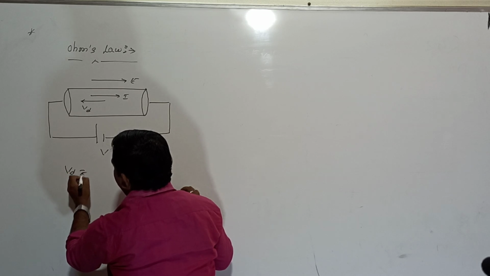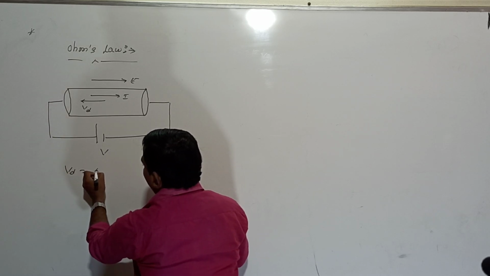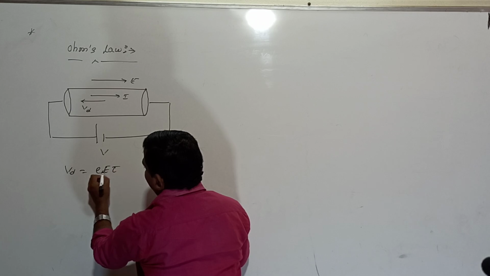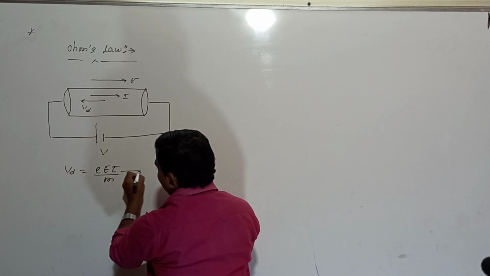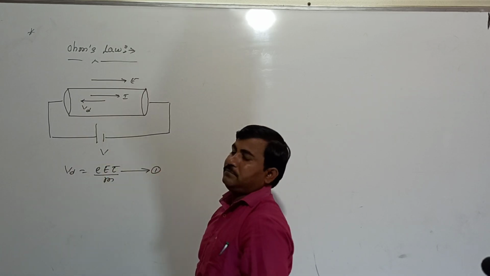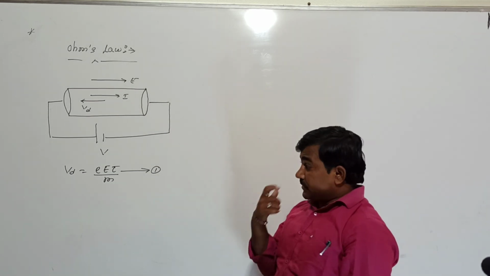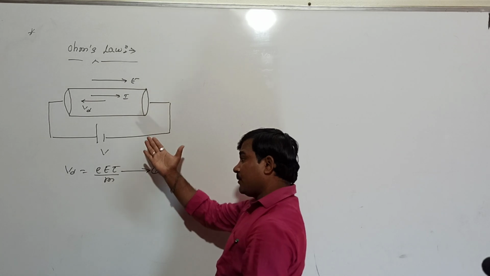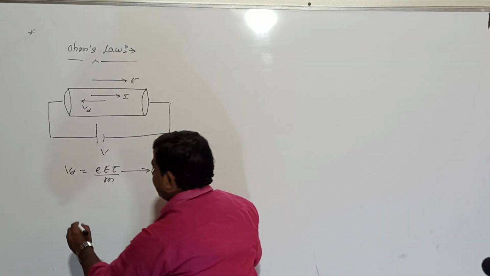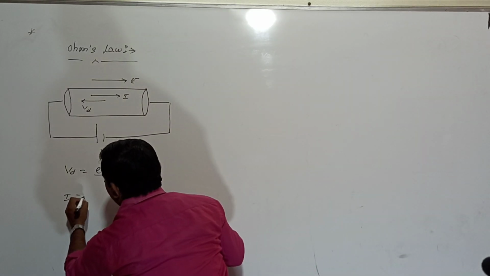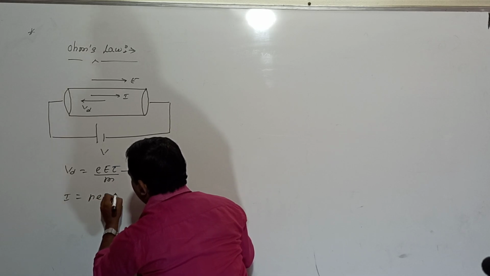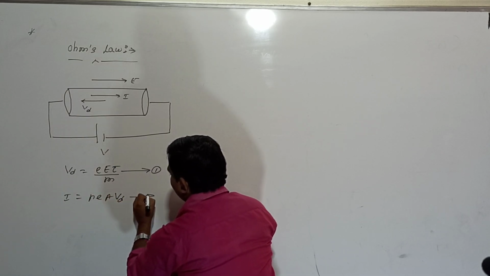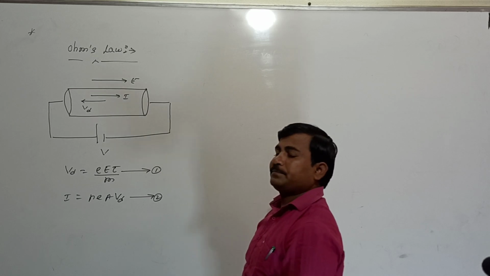What is it? Vd equal to small e capital E tau divided by m. This is equation number 1. Then what is the relation between electric current and drift velocity? I equal to n e A Vd. This is equation number 2.